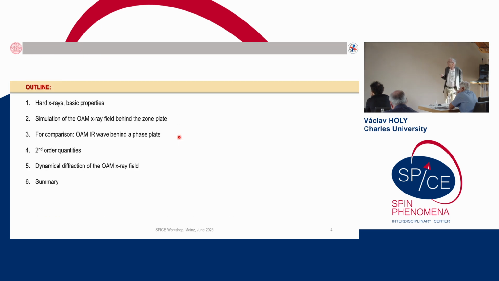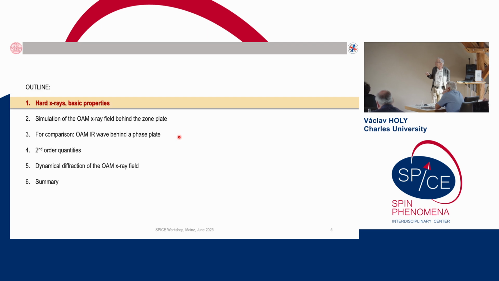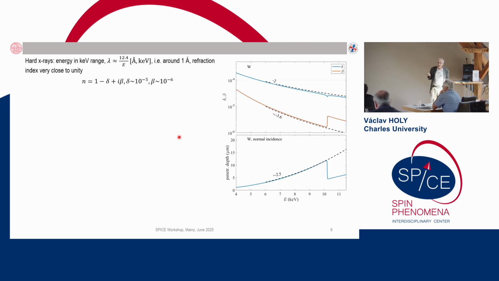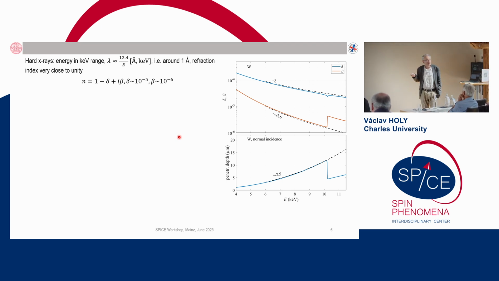So the outline. First, something about hard X-rays. Probably you know, but in case somebody doesn't remember, the wavelength of hard X-rays is roughly 12.4 divided by the energy in keV. We typically use 11 keV, so the wavelength is around 1 angstrom, which is comparable to atomic distance.